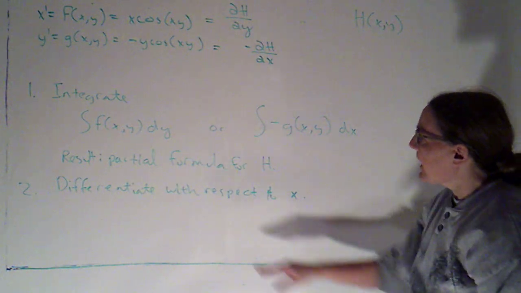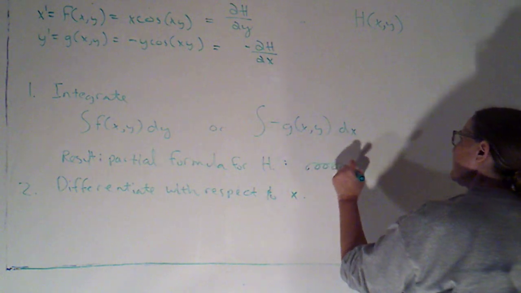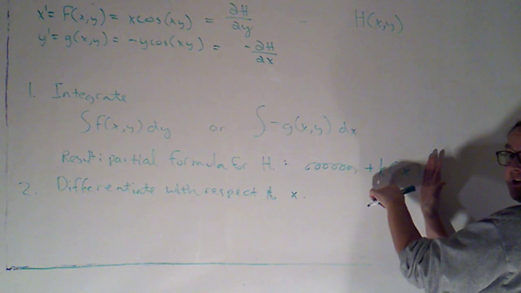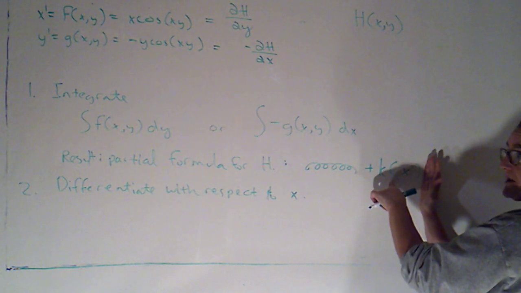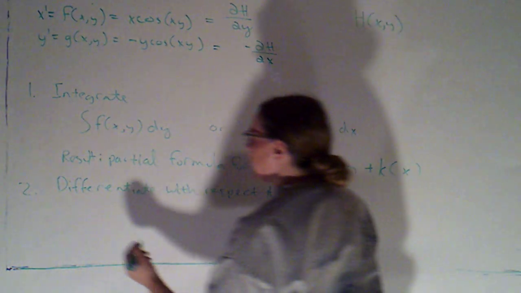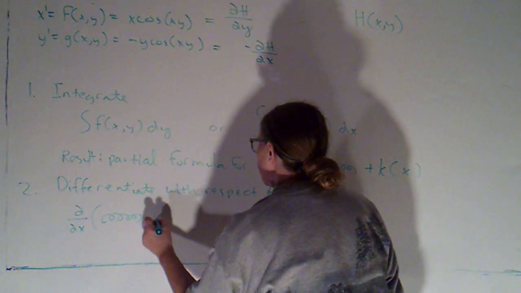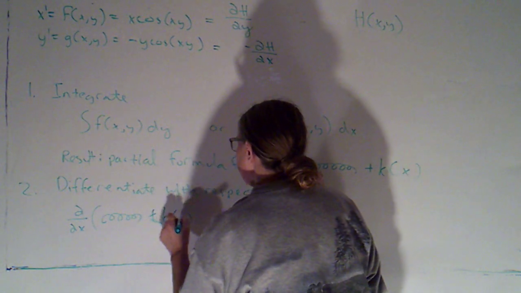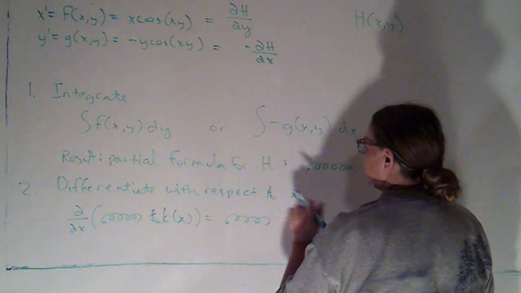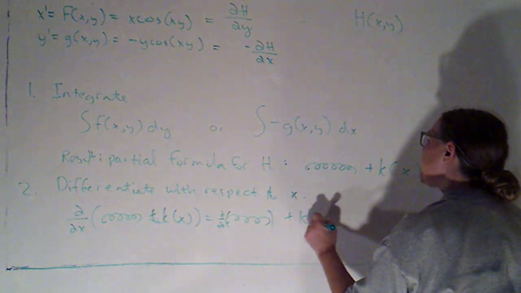Now, when I integrated here, my partial formula for h would have been something, something, something plus k of x, some function of x, because this would be constant with respect to y. So when I differentiate with respect to x, I'm going to say the partial with respect to x of that, because that's a function of two variables, plus k prime of x.